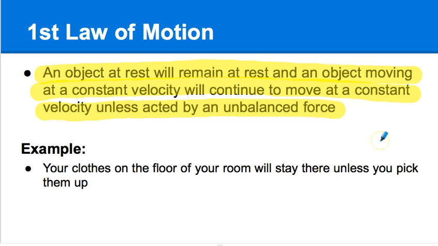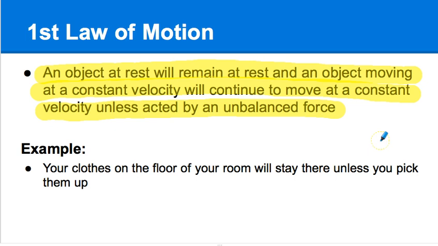So there has to be an unbalanced force. Last week we talked about balanced forces and unbalanced forces. So now we're moving into what does that mean? What does an unbalanced and balanced force mean? And what he said was, in order for there to be a change, you have to have unbalanced forces.